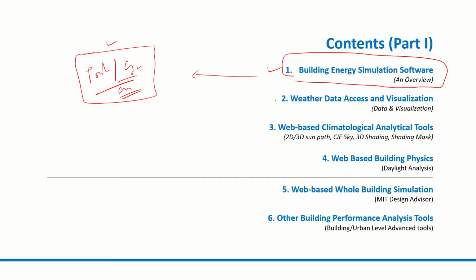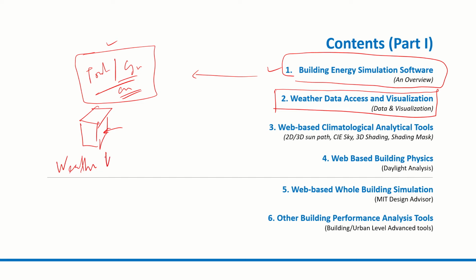The second most important thing is, see, when we run a model or simulate buildings, when we analyze buildings for climate and so on, one of the primary requirements is the data, right? Weather data should be there. So where do we look for weather data? And how is weather data formed?